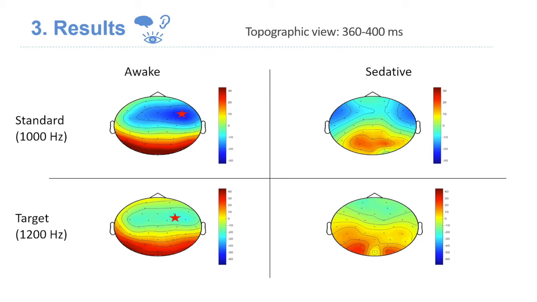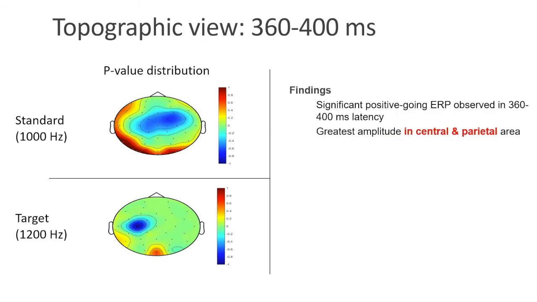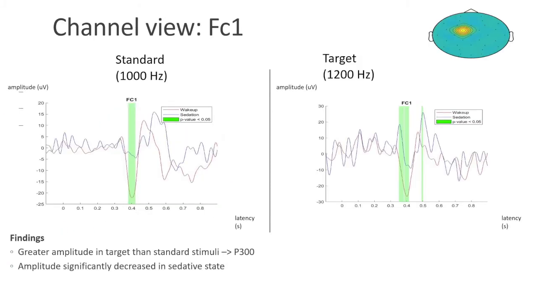The right figures are the topographic average ERP distribution in the sedative state. The ERP amplitude showed significant reduction compared to the arousal state. The ERP amplitude difference between arousal and sedative state is shown as a p-value distribution of statistical differences. Peak differences can be observed in the central and peripheral areas in this time range.